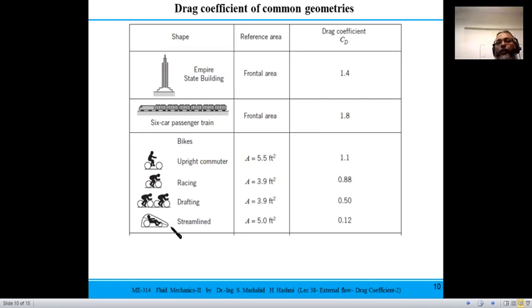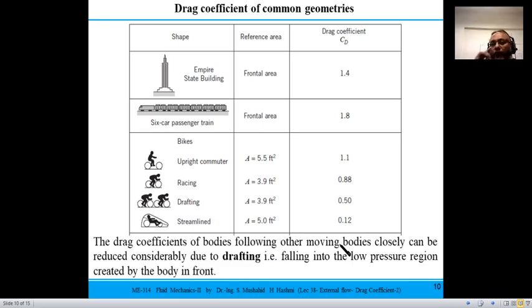And if the cyclist has a streamlined body, there is a huge reduction in the drag coefficient. So the term drafting means that the drag coefficient of bodies following other moving bodies closely can be reduced, and this effect is called drafting.